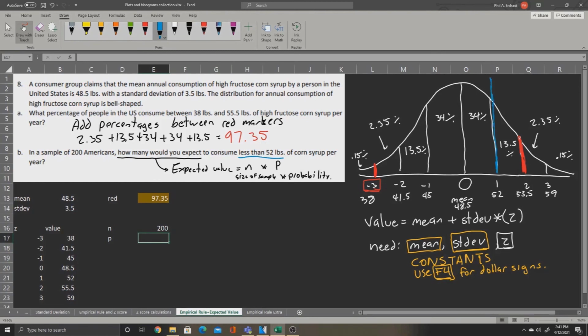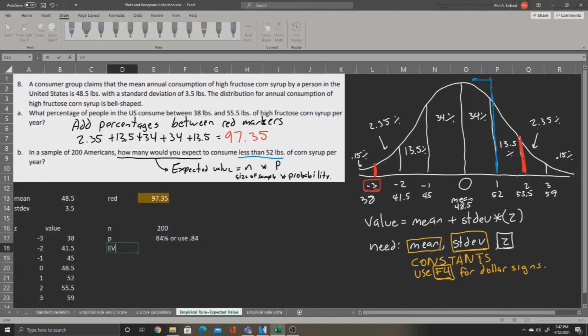Now we are looking at all the percentages that are less than 52, so we'll add 0.15, 2.35, 13.5, 34, and 34. We'll type that in here. We get an answer of 84%. I will retype 84 with the percent sign after it. You can also use 0.84.